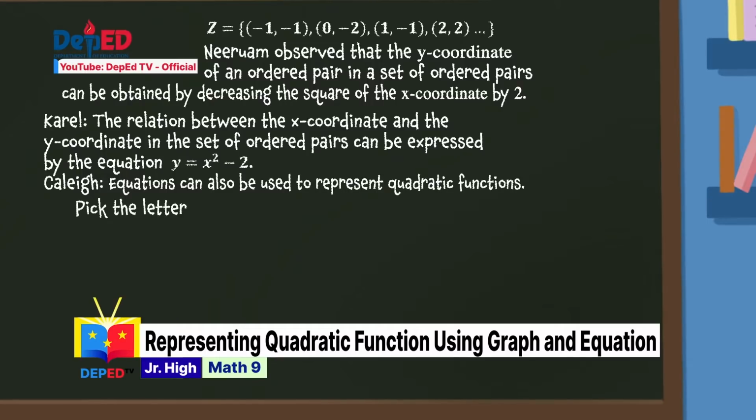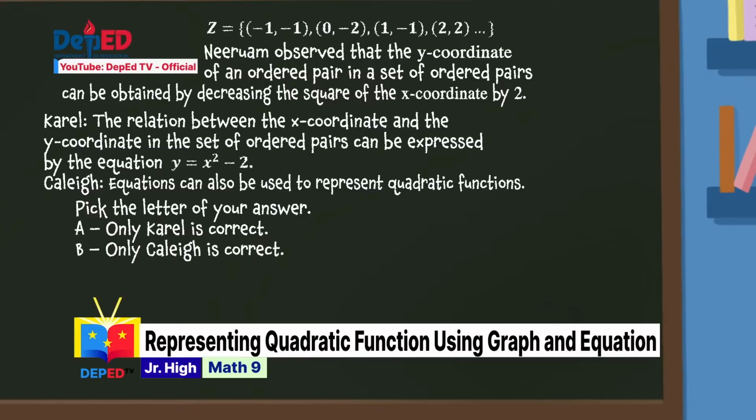Pick the letter of your answer. A. Only Karel is correct. B. Only Kale is correct. C. Both are correct. D. Both are not correct. Which letter did you pick? If you picked C, you are correct.